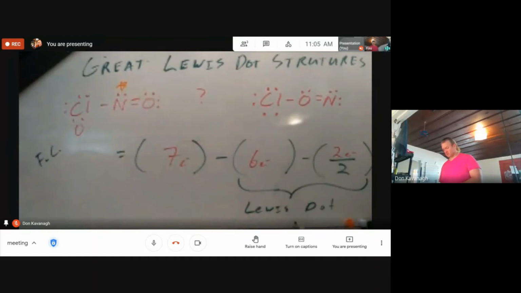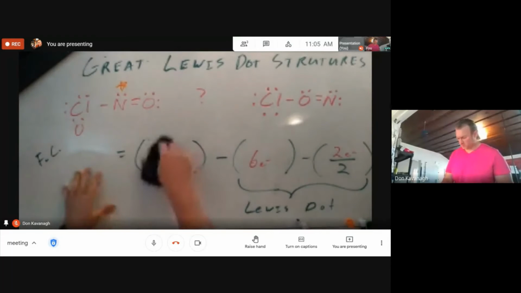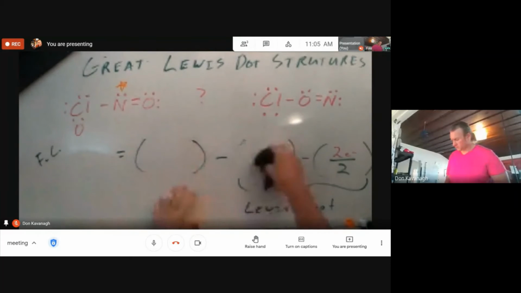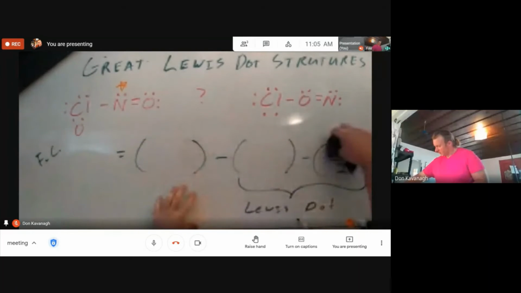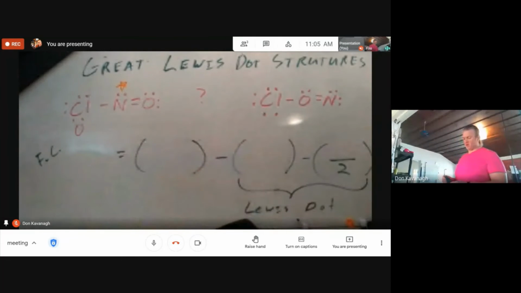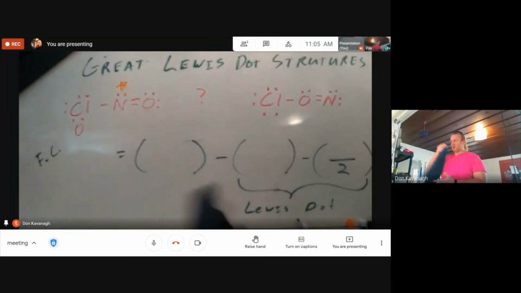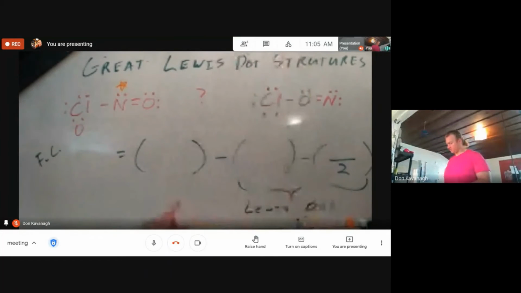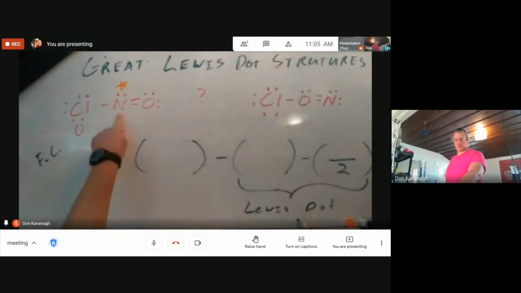Let's go down the list to nitrogen. Remember, the best Lewis dot structure is going to have all atoms with a formal charge of 0 or neutral. Finding nitrogen on the periodic table, it has 5 valence electrons.